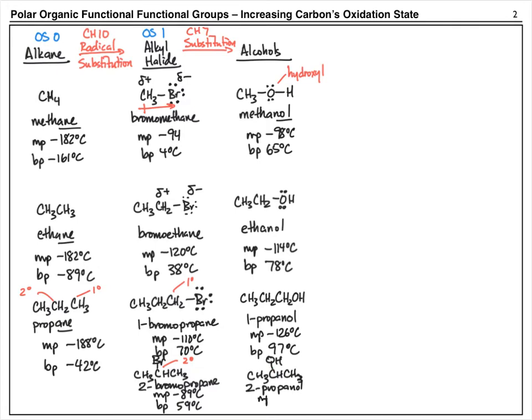The melting point is negative 89. The boiling point is 83 degrees C. So again, this is classified as a primary, this is classified as a secondary. And the reason that's important is because these will have different reactivities when we learn functional group transformations.